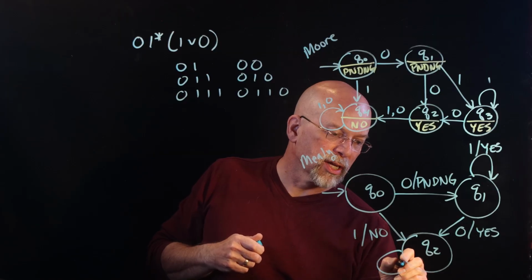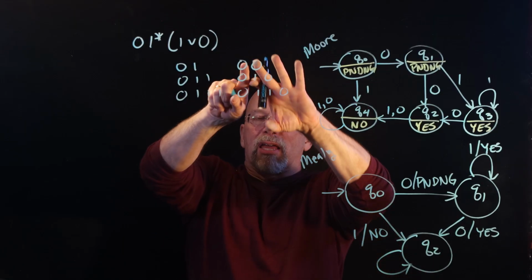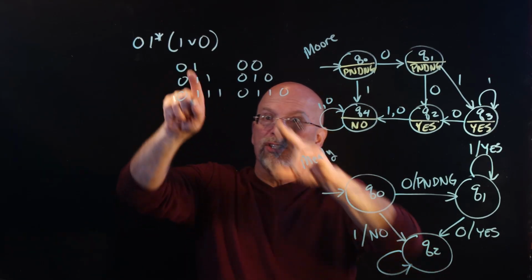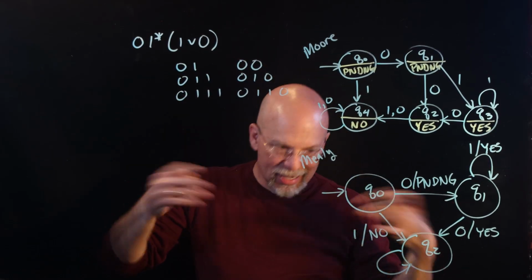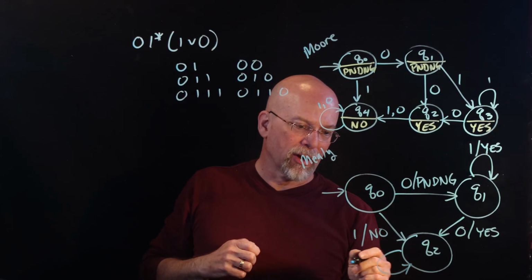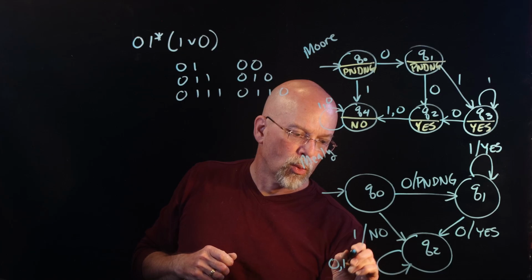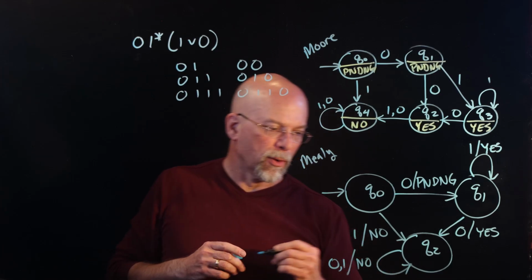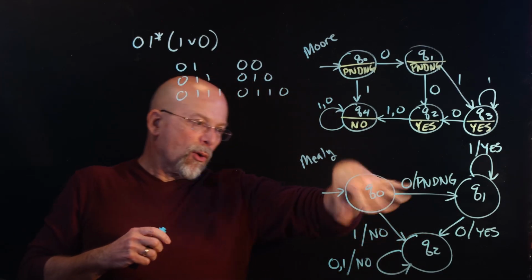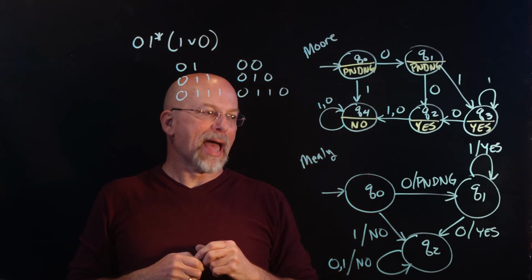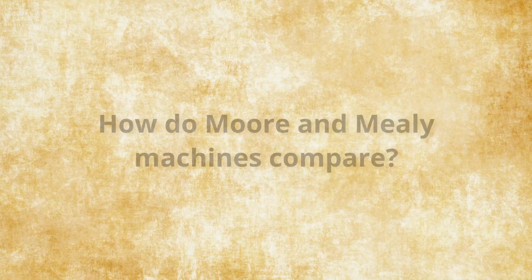Well, once you get to Q2, that means I've either completed this and can't get any more characters, or I started out with a 1 and it's not going to be a member of the regular expression. So 0 or 1 with a no. And there is our state diagram for the Mealy of detecting that pattern with output.